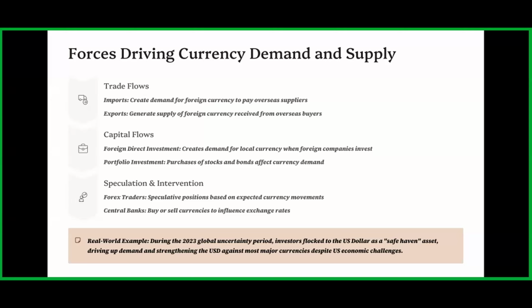Next one is the capital flows, whenever capital or investment flows from one country to another country. For example, foreign direct investment: if any foreign institutions, foreign individual investors, or any foreign multinational corporation invest in India, that type of investment we call foreign direct investment.